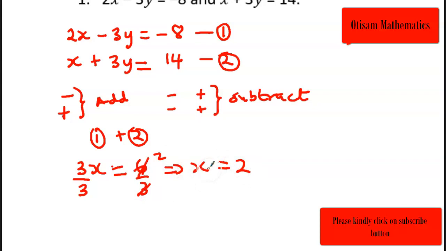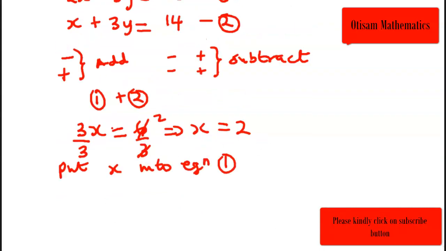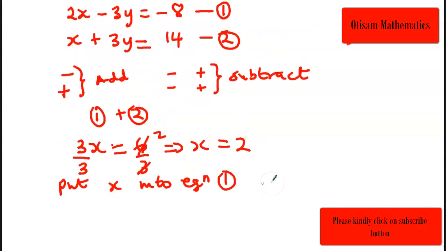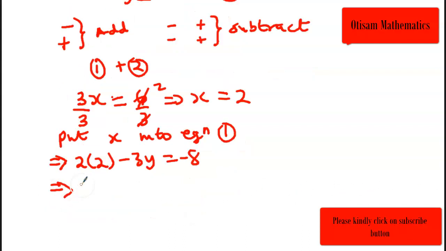As I said, you put this in any of these two equations and find the value of y. So put x in equation 1. Wherever you see x, you put 2 there. So this implies that 2 times 2 minus 3y is equal to minus 8. So we have 4 minus 3y equal to minus 8.